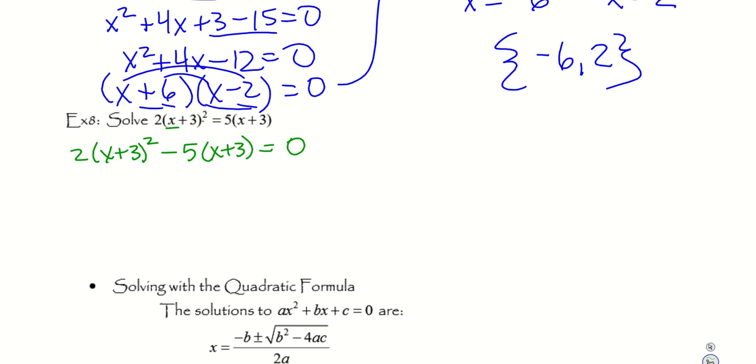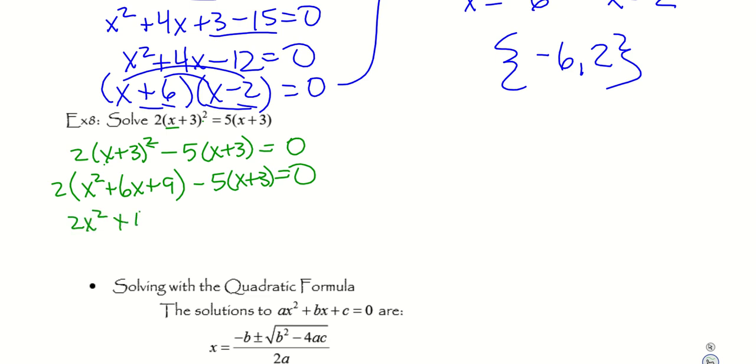If I simplify this left side, following PEMDAS, doing exponents first, I get 2 times x plus 3 squared is x squared, plus 2 times x plus 3, so plus 6x, plus 3 squared, plus 9, and then I have minus 5 times x plus 3 equals 0. I'm still simplifying this left side, do my distribution to multiply, and I get 2x squared plus 12x plus 18.